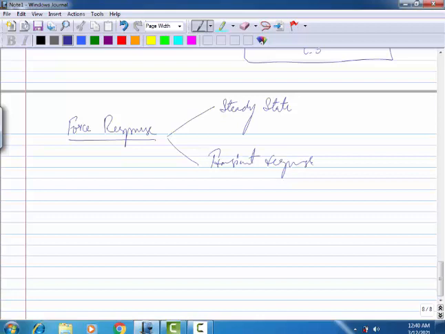Now, for steady state, we say that all the dynamics die down, or in other words, for steady state we normally say that our derivatives are equal to 0 in the equation. The equation, if you remember, was m v dot plus B v equal to f. First of all, look at the steady state response.